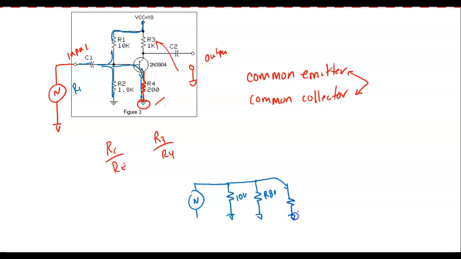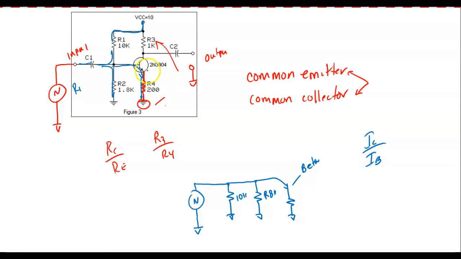Now, anytime I go through the transistor, we're going to have to use beta. And what's beta? The actual formula is IC over IB. But you're right, it's the current gain of the transistor.